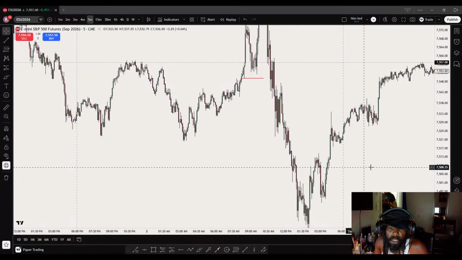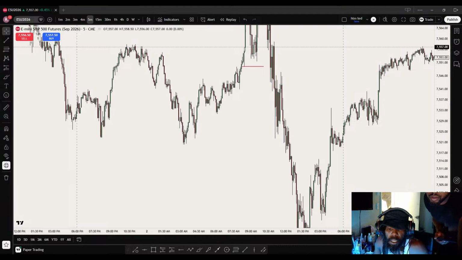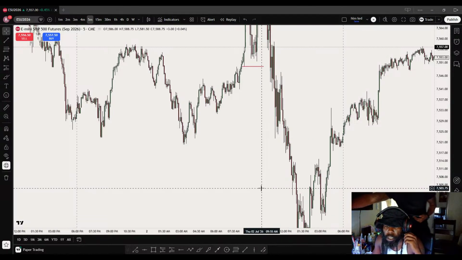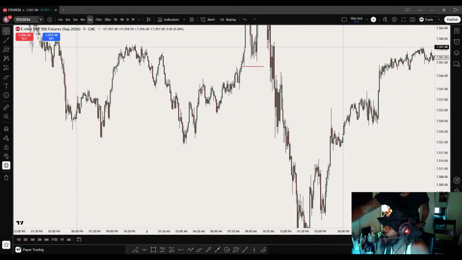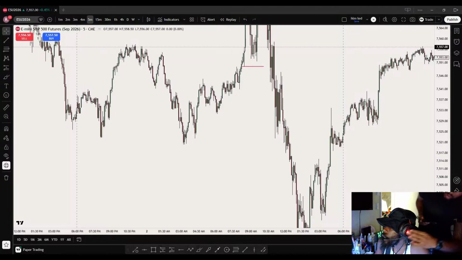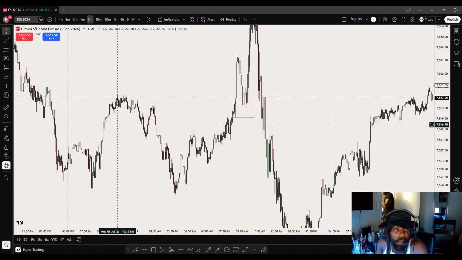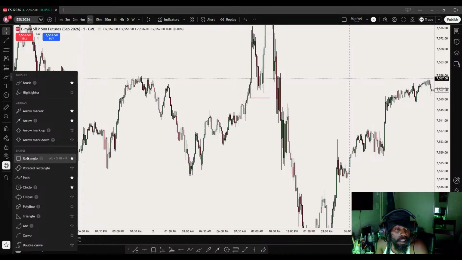All right, so what we're looking at today is PD arrays. What we're looking at in today's class is how to use PD arrays.